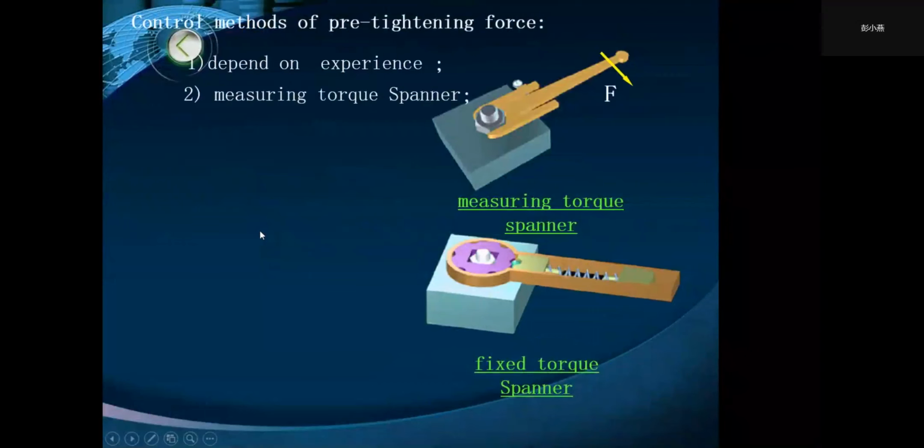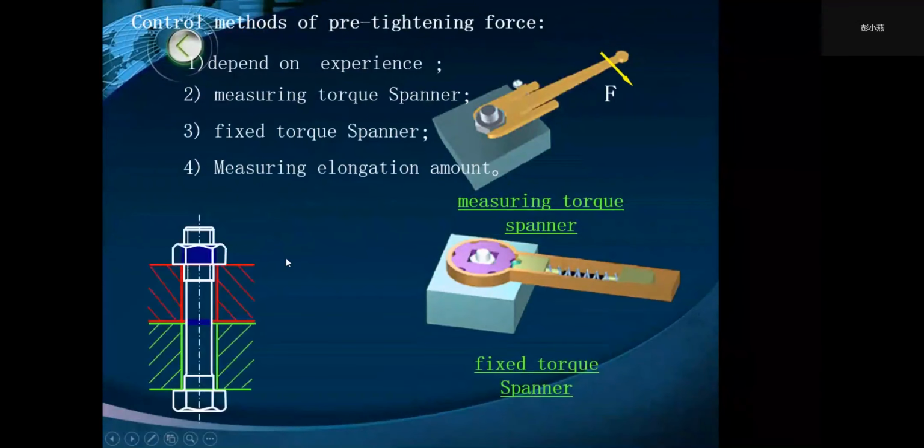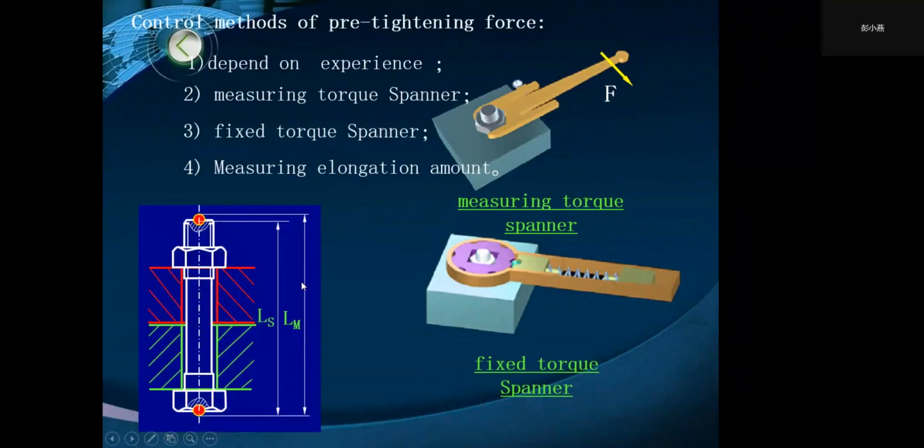A more accurate approach to determine the value of preload is bolt elongation measurement, especially for high reliability design. This is before preload, and this is after preload.